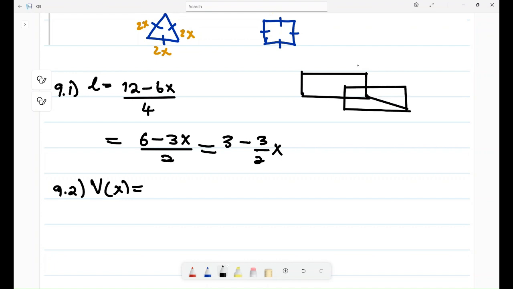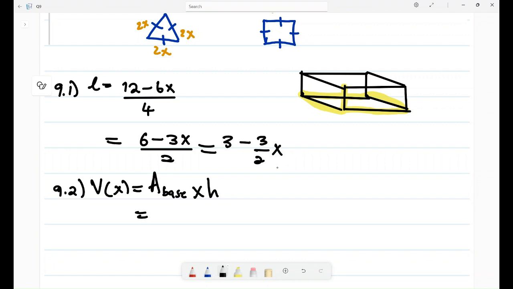I know it's bad, but yes. This is what we call a rectangular prism. So how do we find a volume? The volume is the area of the base multiplied by the height.